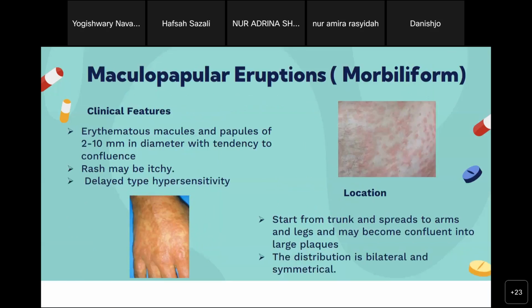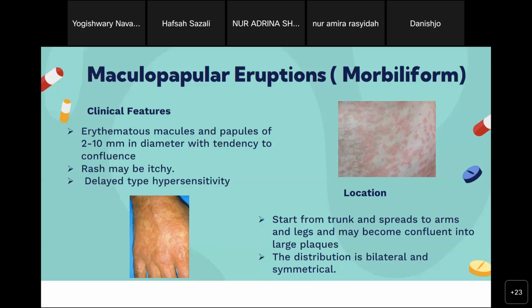Next, we discuss maculopapular eruption or morbilliform eruption. These are erythematous macules or papules of 2 to 10 millimeters in diameter. The rashes are usually itchy, and it is caused by a delayed type hypersensitivity reaction. It usually starts at the trunk and spreads to the arms and legs, and may become confluent into large plaques.